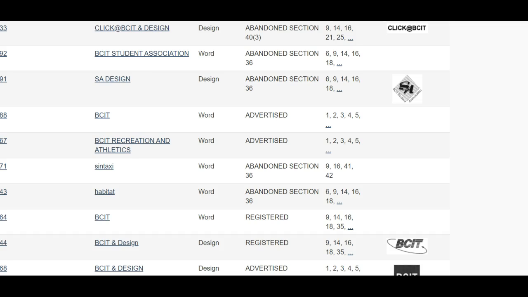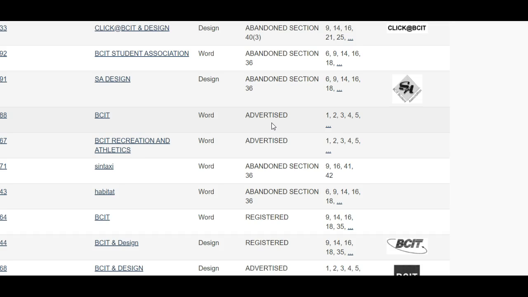All right, checking online here, the word BCAT was advertised but not registered yet. One of the steps while registering a trademark here in Canada is to advertise it so that others can oppose the registration.